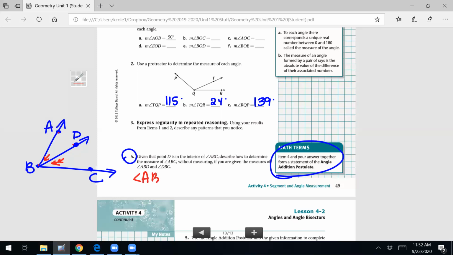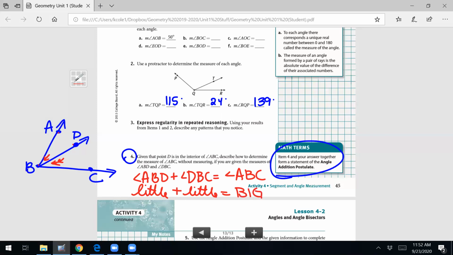You add them. Just like the segment addition, but it's angle addition. So again, it's the little plus the little equals the big.